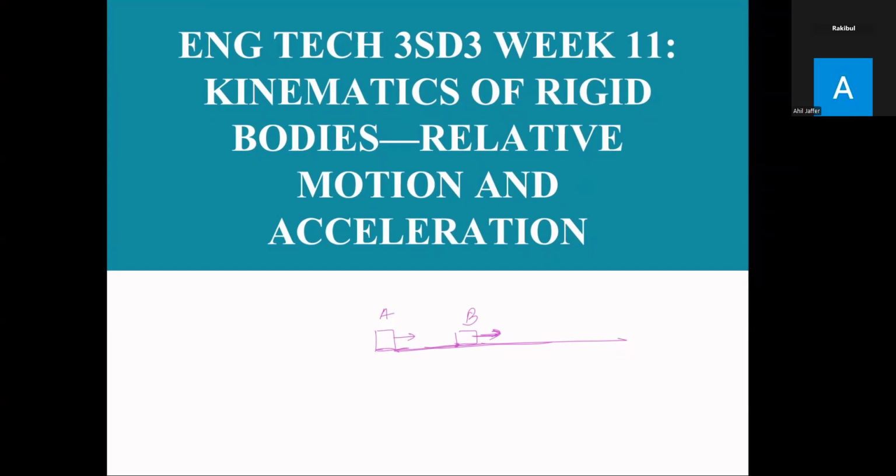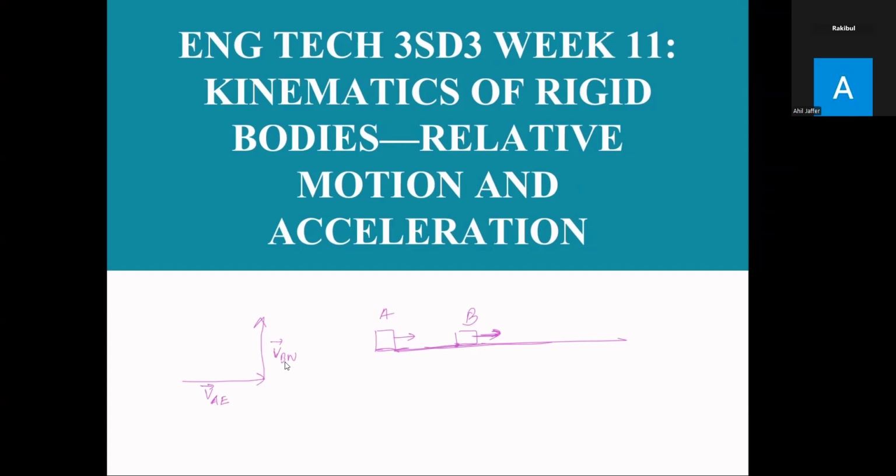So let me quickly show you one example. Say one object A is moving to the east, so this is one direction, and another object B is moving to the north.